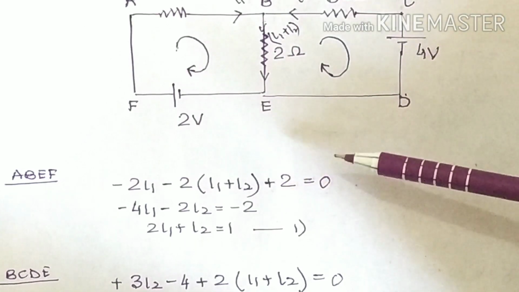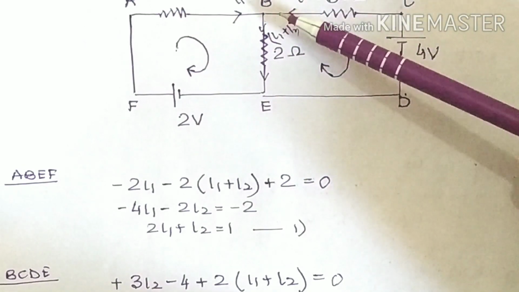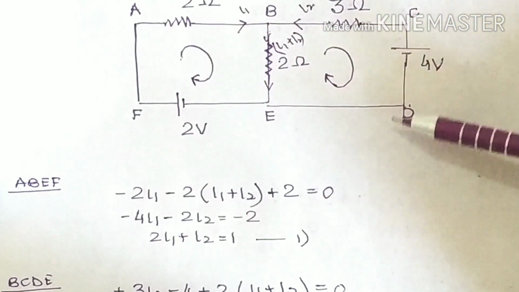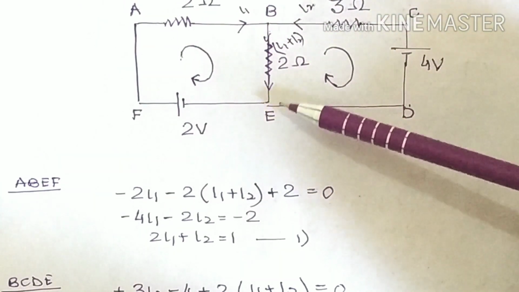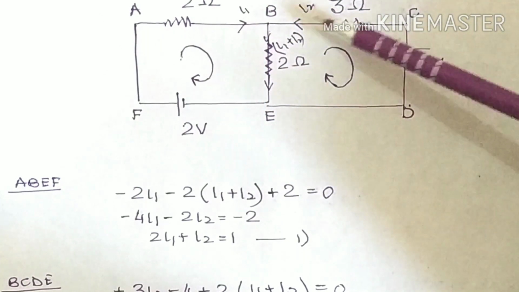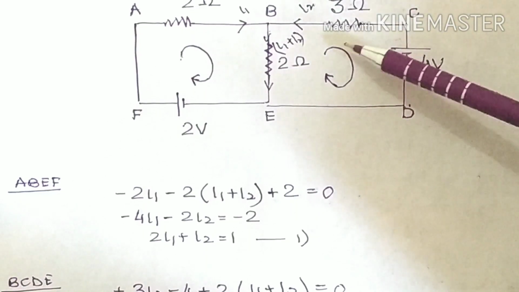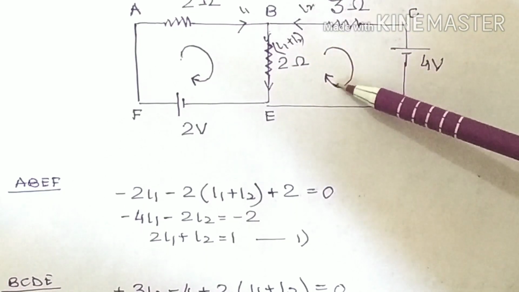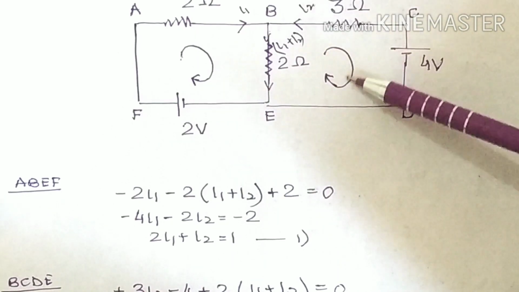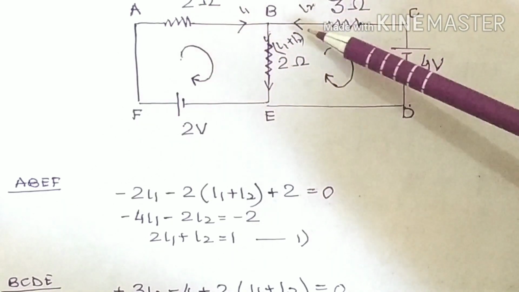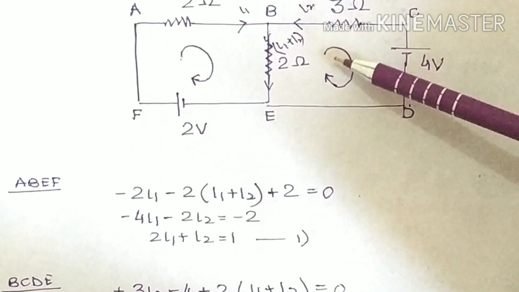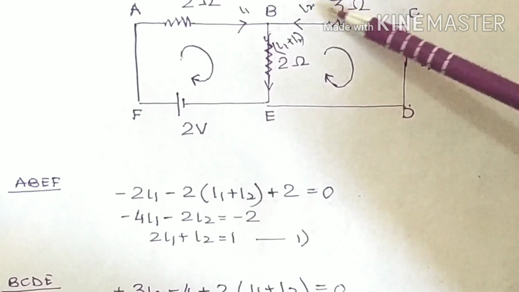Now apply Kirchhoff's rule for the second loop, B, C, D, E. Current is flowing here, you are moving like this, because this arrow shows the direction of your motion, and draw it always clockwise. The direction of current and the direction of your motion are opposite, so plus 3I2.